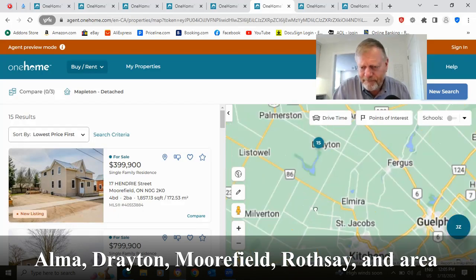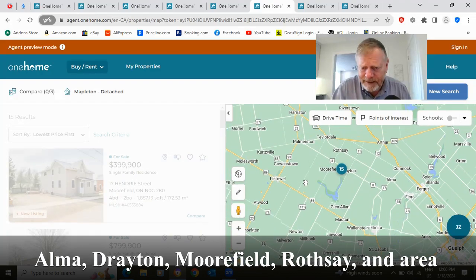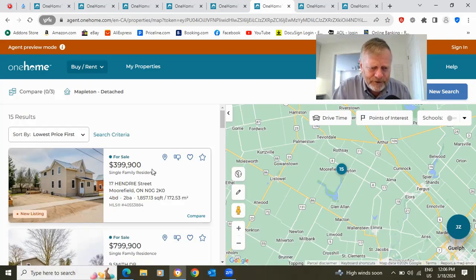If you drill down into these, basically, not including Palmerston, right on the border of Tiviadale, it kind of incorporates Alma and Glen Allen and more, kind of like this area in here.